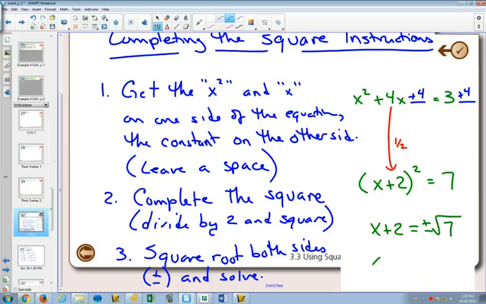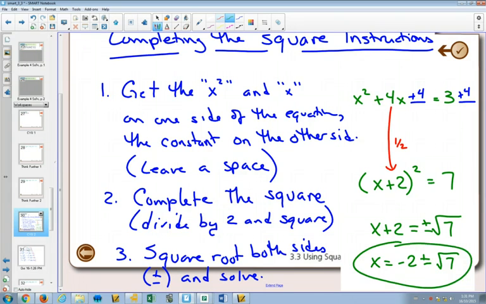And so if I subtract 2 on both sides, and we usually write the number by itself in front, so there's our final answer, negative 2 plus or minus the square root of 7. And square root of 7 can't be simplified, so we are done. Okay? And we know that this one couldn't have been factored because you can't take the square root of 7.